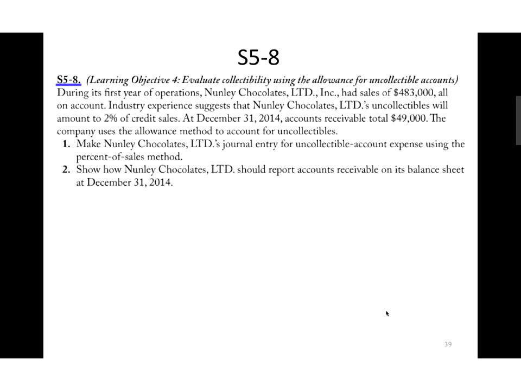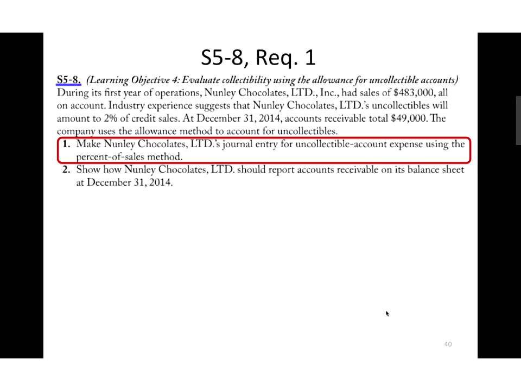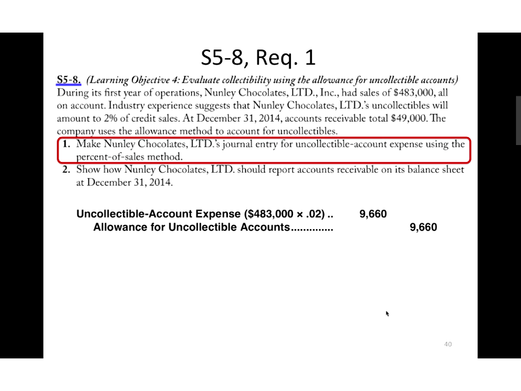So the first requirement is make the journal entry for uncollectible account expense using the percent of sales method. We're just going to do the journal entry for the uncollectible account expense. We'll take the credit sales of $483,000 times 2%, so we get $9,660. We'll debit uncollectible account expense and credit allowance for uncollectible accounts.